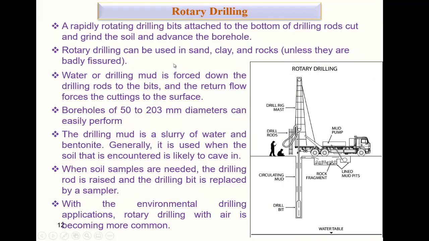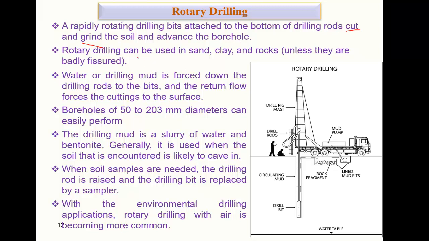Now we can see that rotary drilling usually rotates with a cutter, and it makes the hole inside the ground. A rapidly rotating drilling bit attached to the bottom of the drill rods cuts and grinds the soil, making smaller pieces.